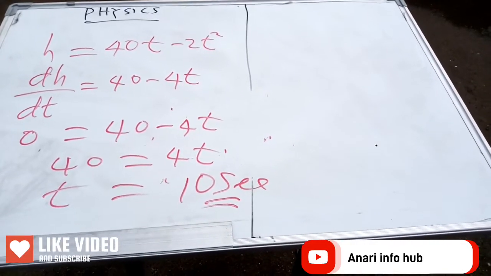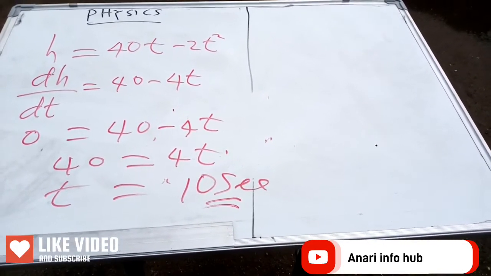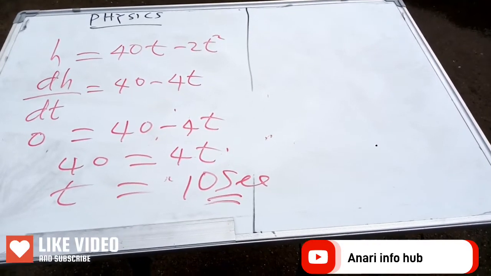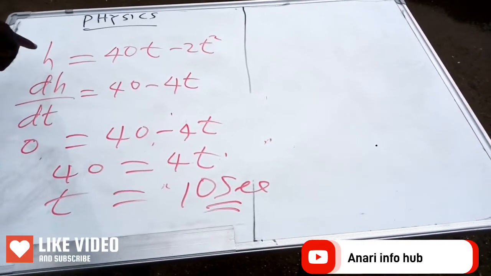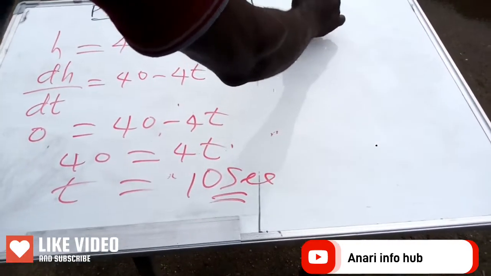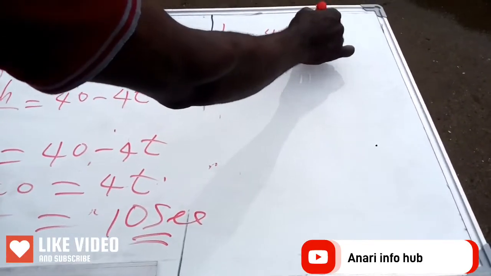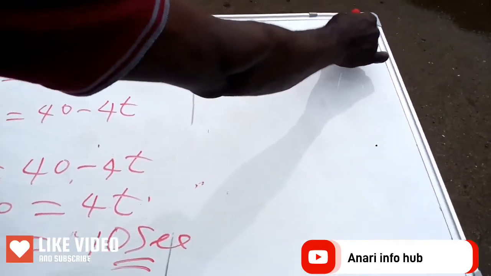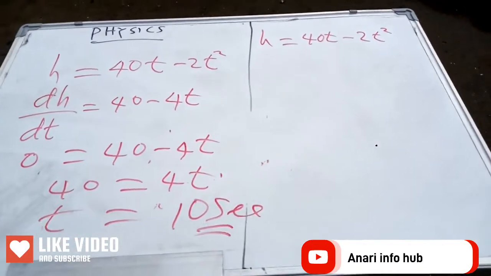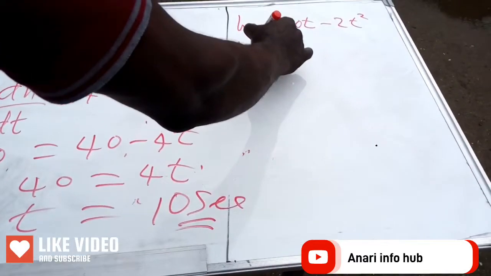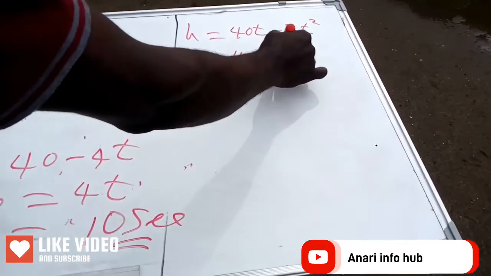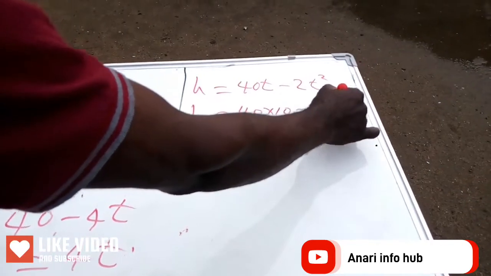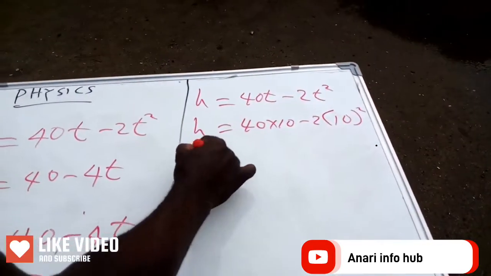The second question says that we should find the greatest height reached. It means you should come back to this, which says h is equal to 40t minus 2t squared. Anywhere you see t, put 10 seconds. So h is equal to 40 times 10 minus 2 times 10 squared.